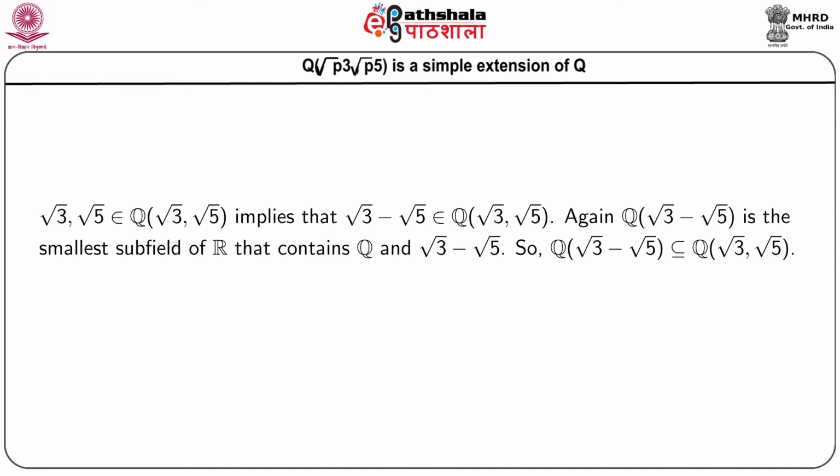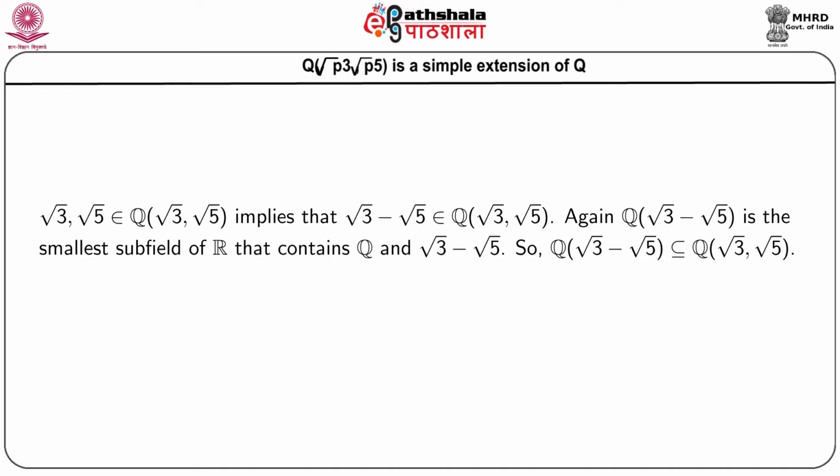But now we prove that we can find an element in Q(root 3, root 5) which generates this field over Q, and hence it follows that this is a simple extension of Q.